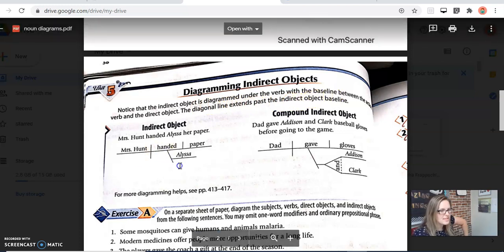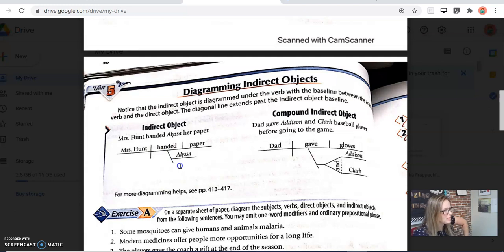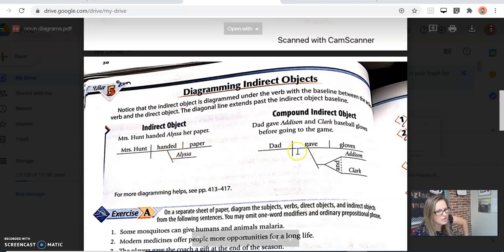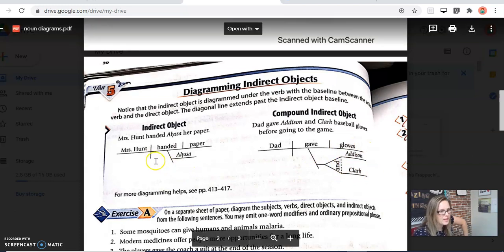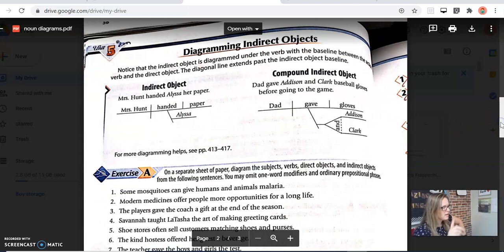So right here, it goes down and it's basically representing to whom. I handed to whom? To Alyssa. The what? The paper. Dad gave gloves to whom? To Addison and Clark. So notice that they can be compound as well as singular. So let's see if we can get into diagramming exercise A.